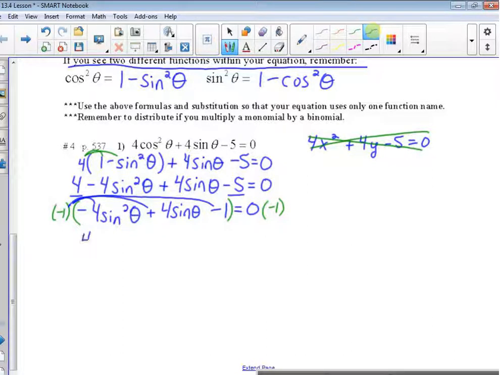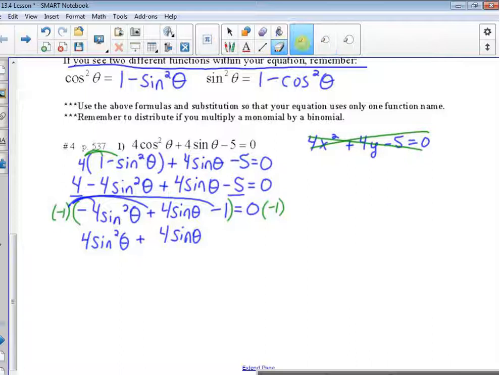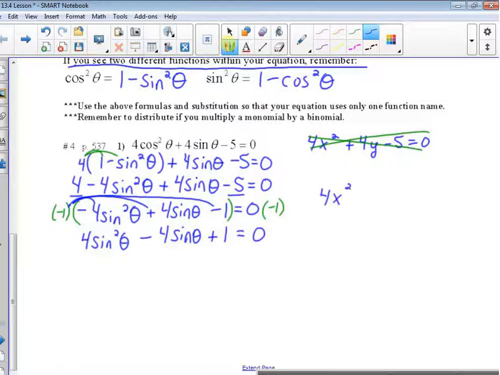That gives us positive 4 sine squared theta plus 4 sine theta. Nope. Distribute. That needs to be minus. And plus 1. And 0 times negative 1 is just 0. So really what we are factoring is 4x squared minus 4x plus 1 equals 0.